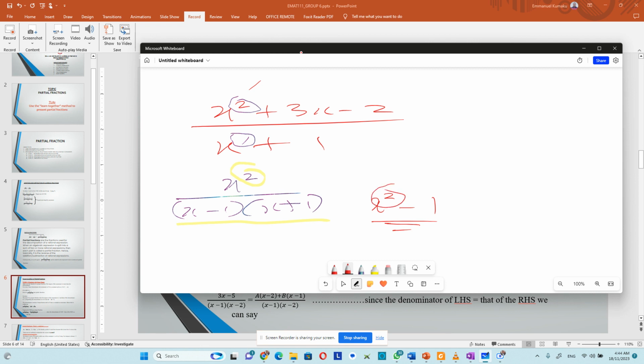In a proper fraction, the degree of the denominator should be bigger than the degree of the numerator. They shouldn't be equal. The degree of the denominator should always be higher than the degree of the numerator.